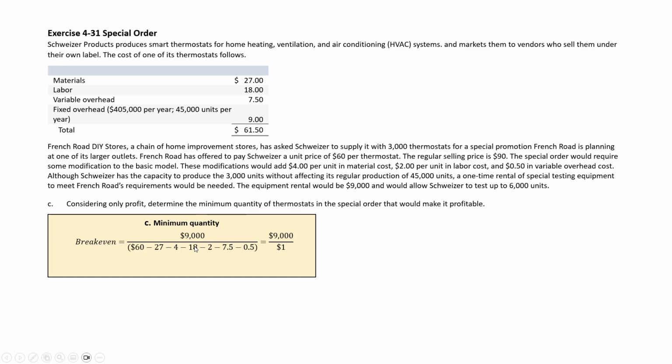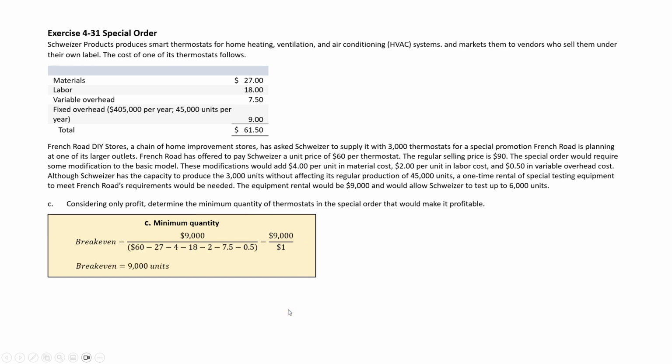So additional $9,000 divided by the contribution margin per unit, that's going to be the selling price of $60 minus our total direct material cost of $31, which is the original $27 plus the $4 in modifications, minus $20 in direct labor costs, original $18 plus $2 in modifications, minus the variable overhead originally of $7.50 plus the modification of 50 cents, means we're only earning $1 per unit in contribution margin.